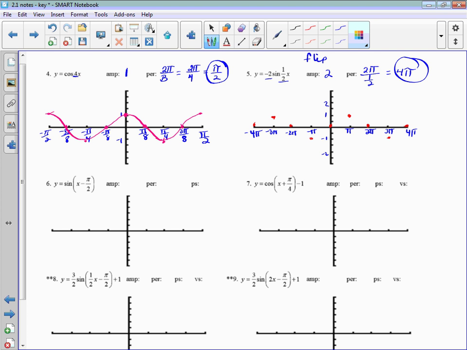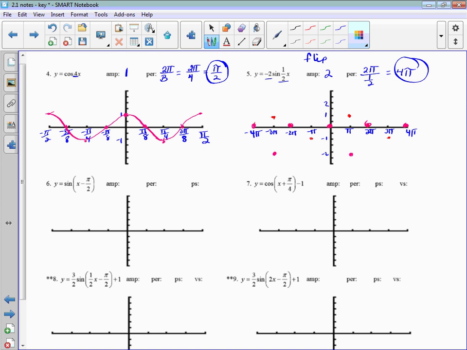So the ones that are on the x-axis, those are zeros. 0 times -2 is still 0, right? Okay, so the ones that are 1, where are they going to go? 2.